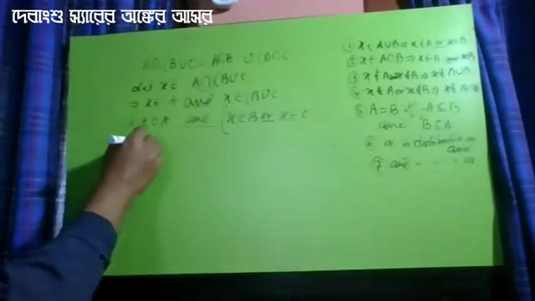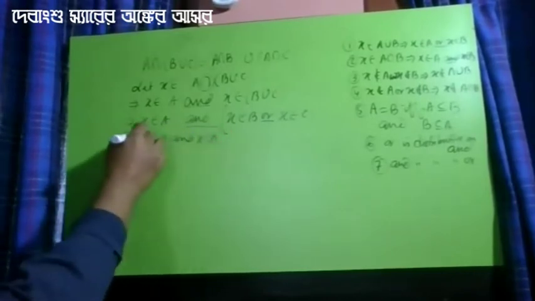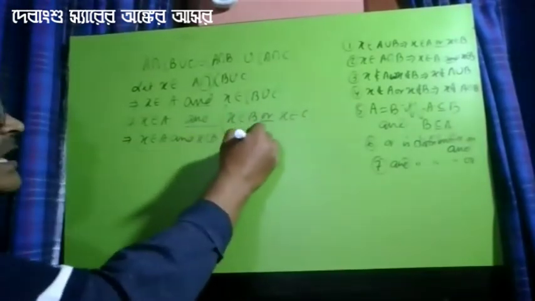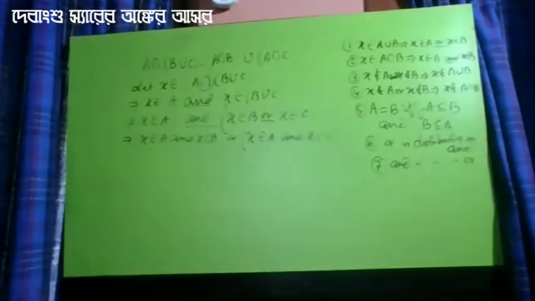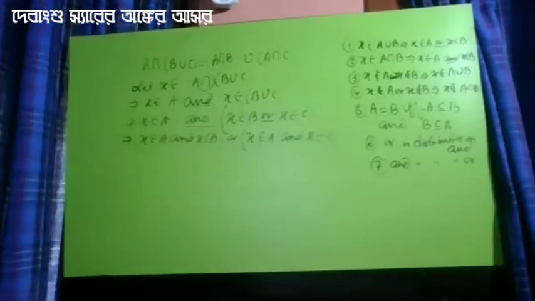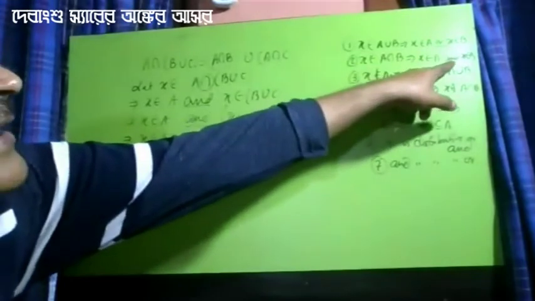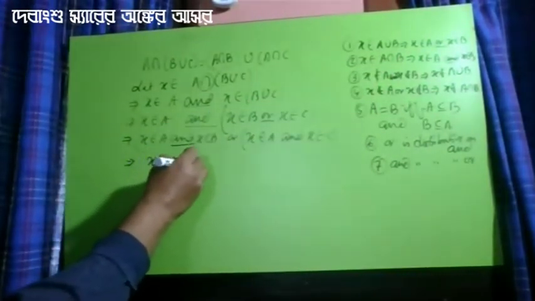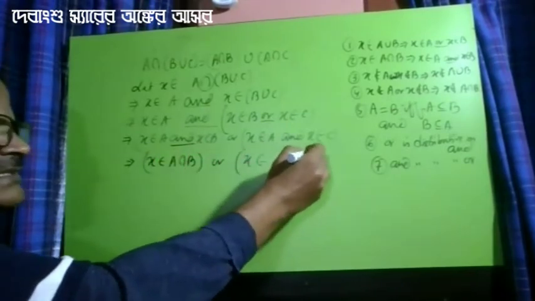That implies X belongs to A and X belongs to B, or X belongs to A and X belongs to C. Now you see that there is AND. X belongs to A and X belongs to B, and means X belongs to A intersection B, or X belongs to A intersection C.